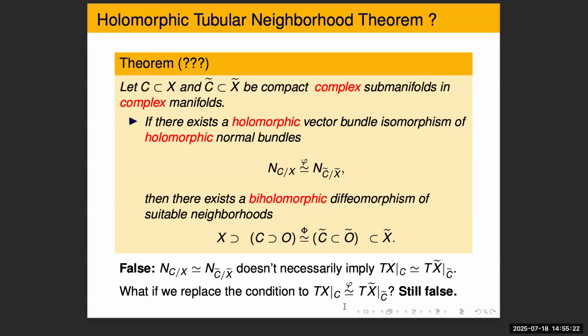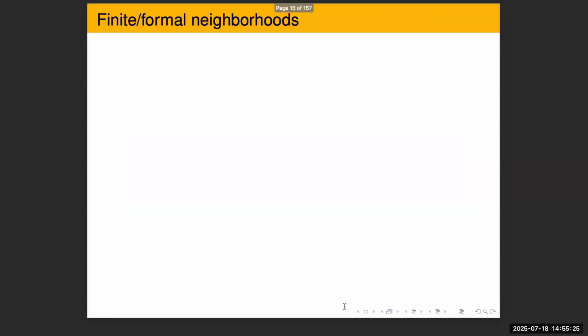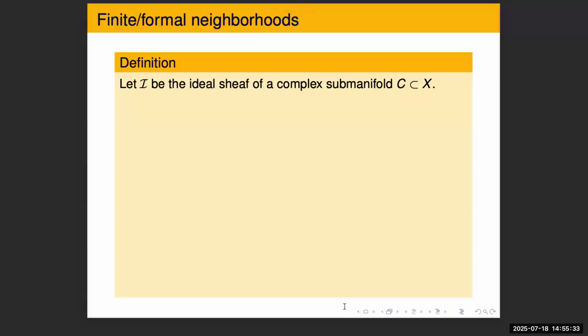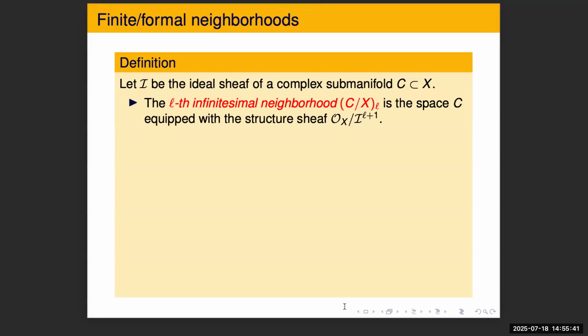So people realized that we need a much stronger condition, and that is given by finite or formal neighborhoods. Let's recall the definition. Let I be the ideal sheaf of the compact complex submanifold. Then we consider the L-th infinitesimal neighborhood, for an integer L, which is the same submanifold C but with the nilpotent, non-reduced structure sheaf O_X modulo I to the power L plus 1.